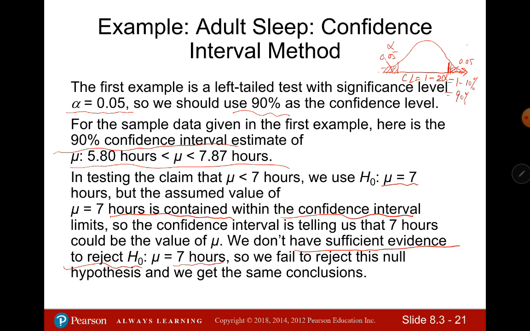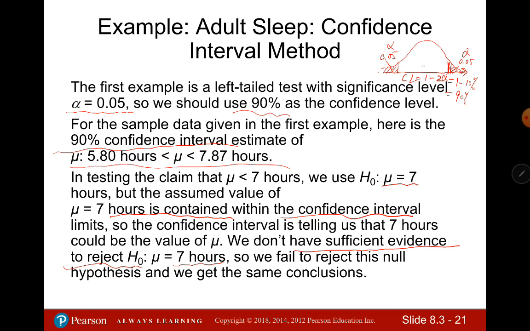If the left side has alpha, the right side should also have alpha. Then the confidence level in the middle will be 1 minus 2 alpha. So in this case, if alpha is equal to 5%, the confidence level is not 95%, it's 90%. Because the left tail is 5%, we also need to leave out the right tail 5%.